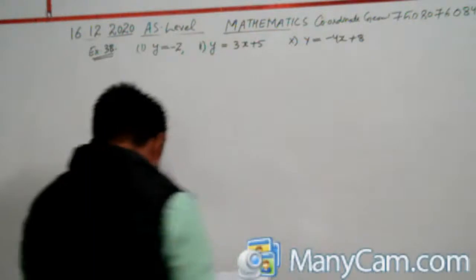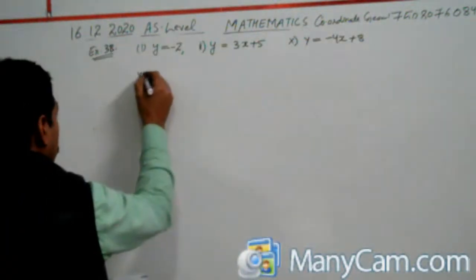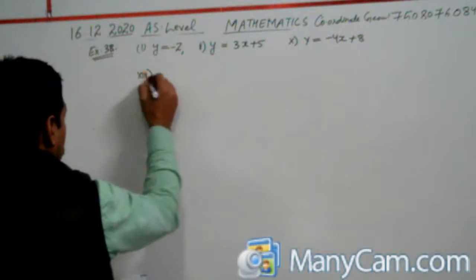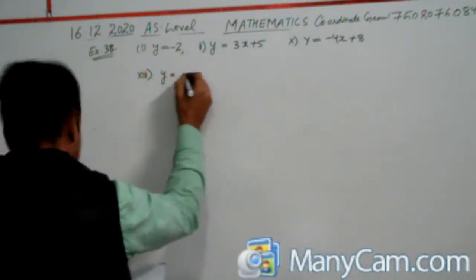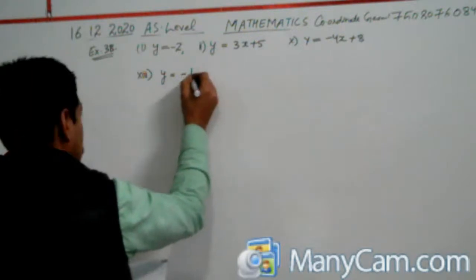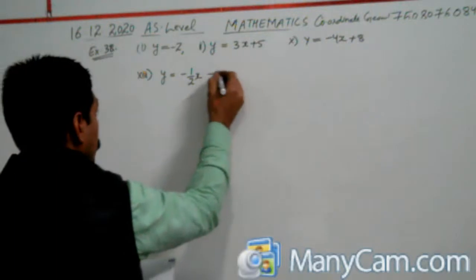Randomly, you can check 13 1: y is equal to minus half of x minus 2.